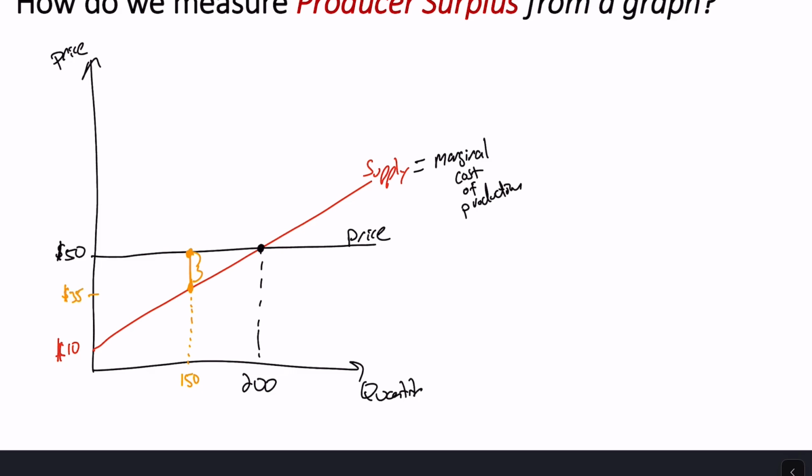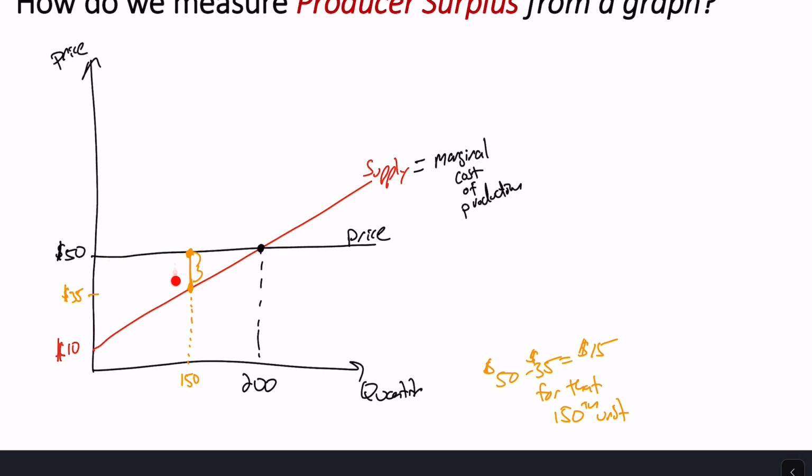And so for an individual unit, we would have 50 minus $35, which is equal to $15 of producer surplus for that 150th unit. Okay. We have extra from that price they get to keep above and beyond the cost, and that's producer surplus for that one unit.